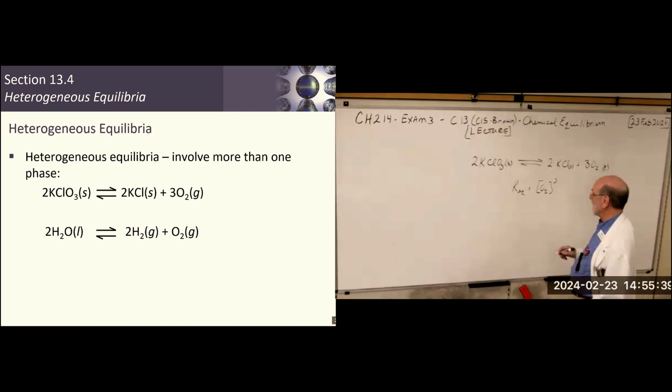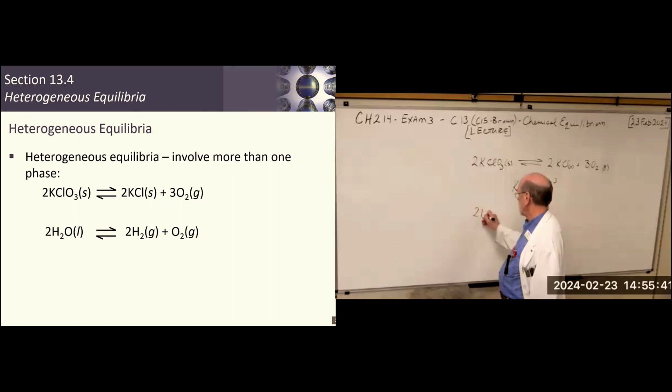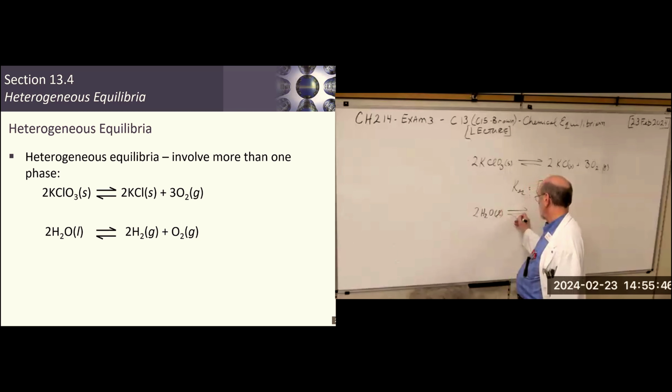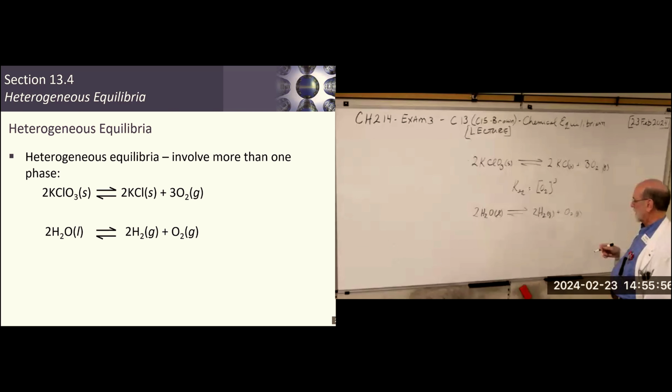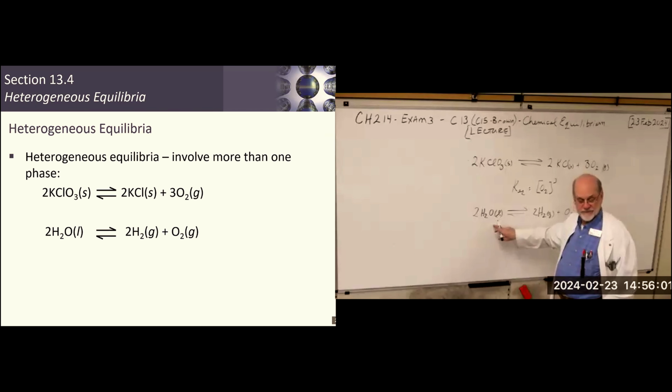Okay. For water, the decomposition of liquid water to hydrogen first, and then oxygen gas. Same thing goes for pure liquids. Water would be one of those. Pure liquids are not included in the equilibrium expression.